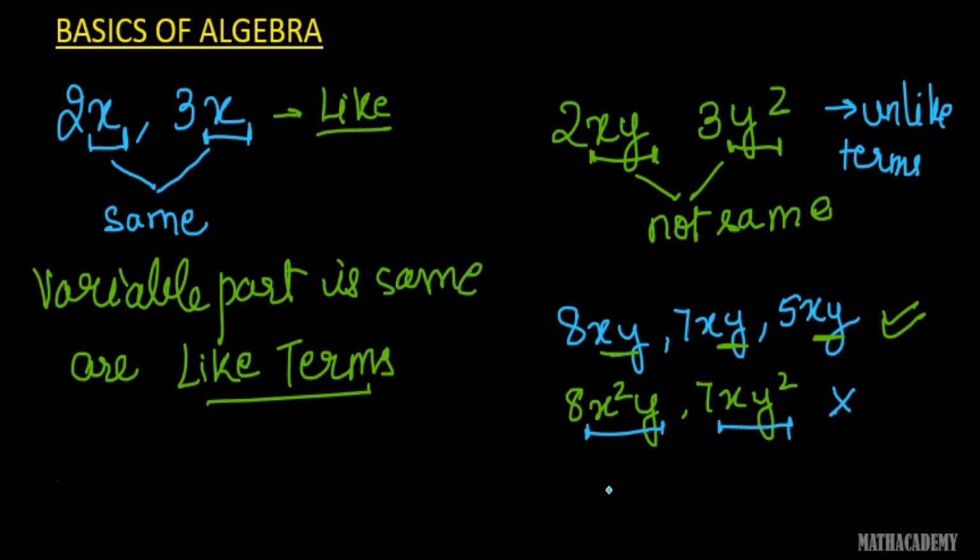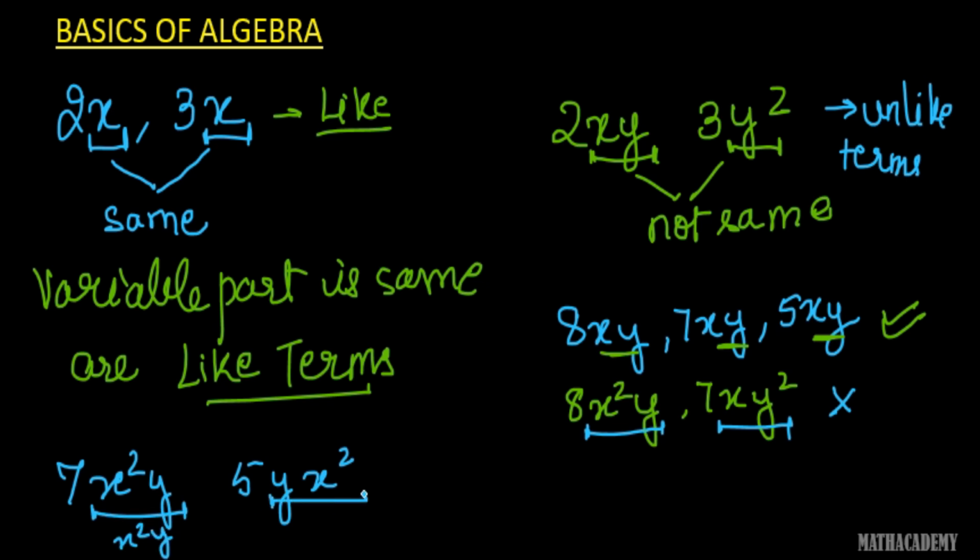Let us take one more example. 7x square y and 5yx square. Now here the variable part is x square y and here the variable part is yx square. Now the question is, are they like? The answer is yes, they are like, because we know that a into b is the same as b into a.